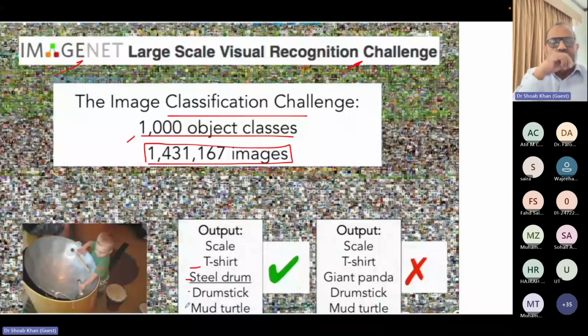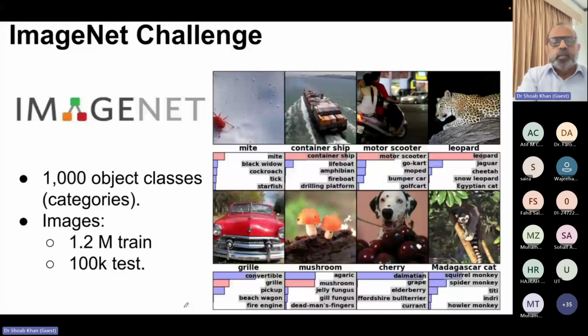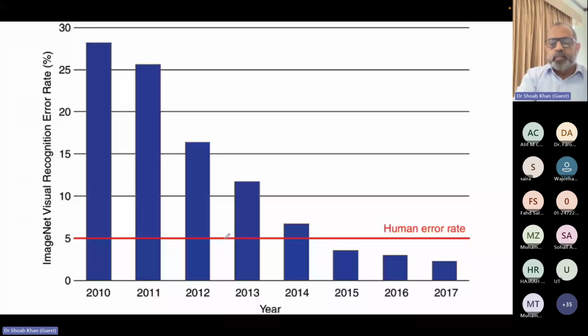And so you will find a lot about ImageNet challenges and how people are competing and who is standing first in this, and machine learning has made a lot of progress because of this challenge.